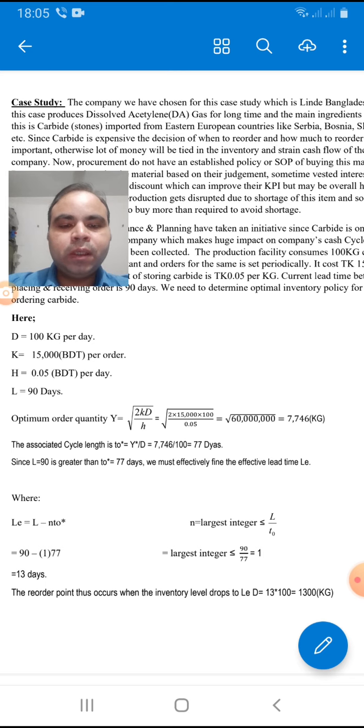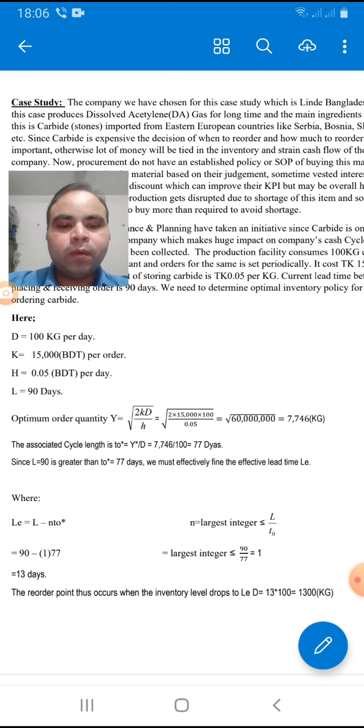So when we use the formula of EOQ, which is the square root of 2 multiplied by demand, multiplied by order cost and divided by the holding cost per day.